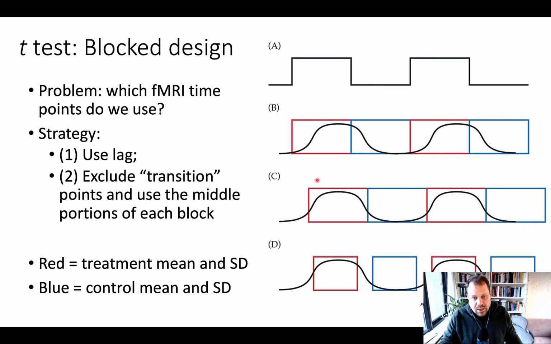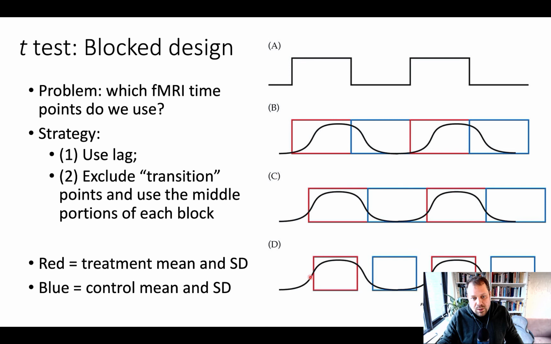And then you want to cut the transition points off also, so that you're only analyzing signal from the parts that are actually activated, based on what we know about the lag of the hemodynamic response. In the red, we have the treatment mean and standard deviation that we extract from only those time points. And in the blue, we have the control mean and standard deviation that we extract only from those points.